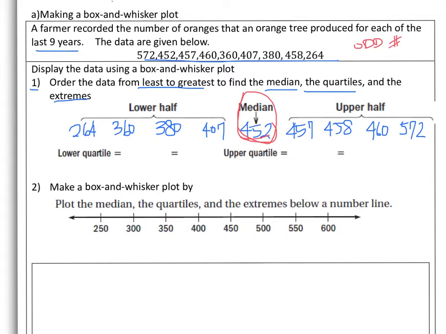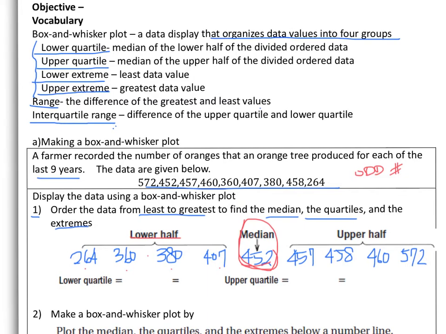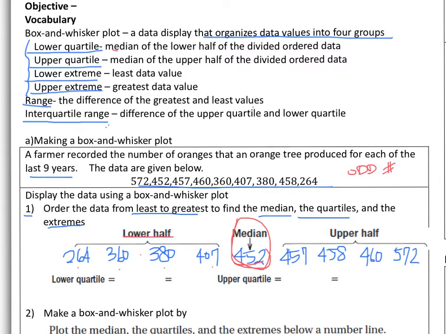To calculate the lower quartile, I need to look at the lower half of my data points. And I happen to have 1, 2, 3, 4 numbers in the lower half. Therefore, I cannot choose a middle number. Remember, the lower quartile is the median, the middle number of the lower half of the divided ordered data.